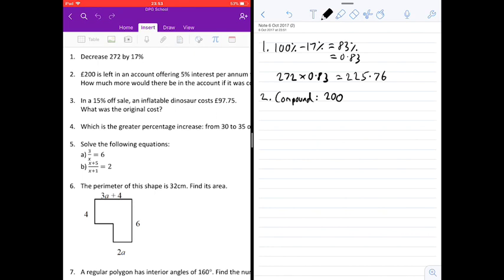So if I start off with 100%, and add 5%, then I have 105%. As a decimal multiplier, that's 1.05. So it's original amount times by the decimal multiplier to the power of time.